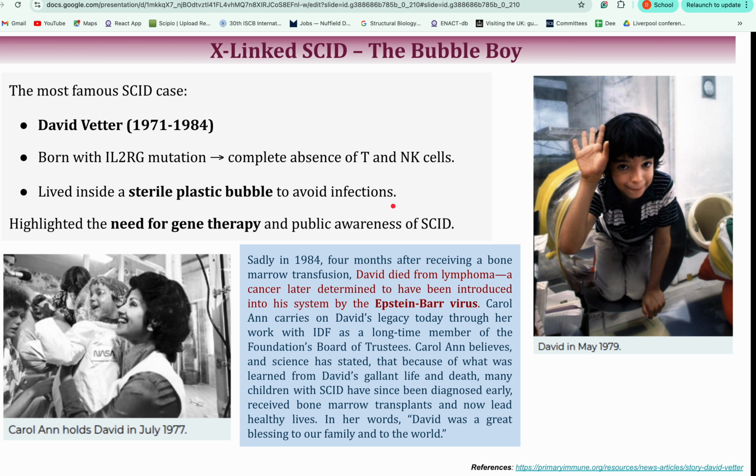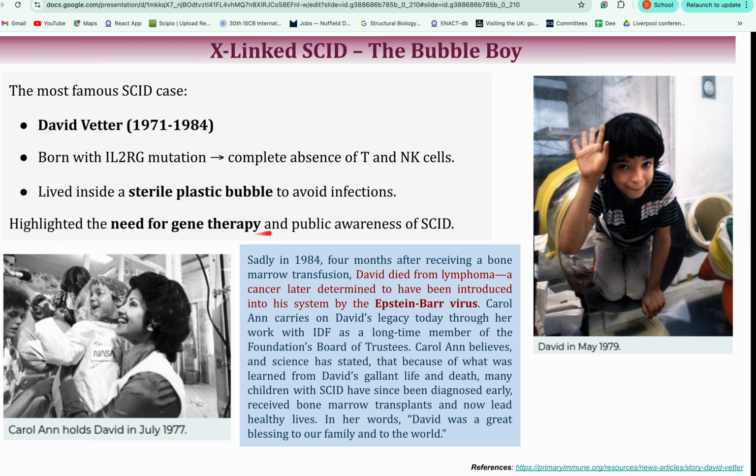If T cells and natural killer cells are defective, you will not be able to fight against infections. So one way is to get immunity from outside, or the other is prevention. In this case, the baby was kept inside the sterile plastic bubble to prevent all infections, so that he did not require these immune cells.